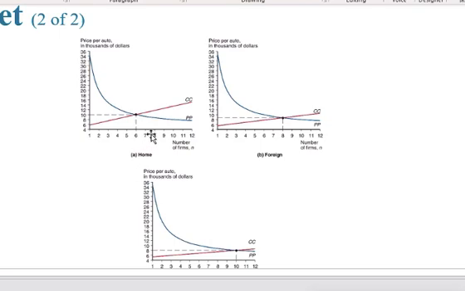We have 6 firms in the home market and 8 firms in the overseas market. So the total number of firms is 14. There are 14 different firms in the market.